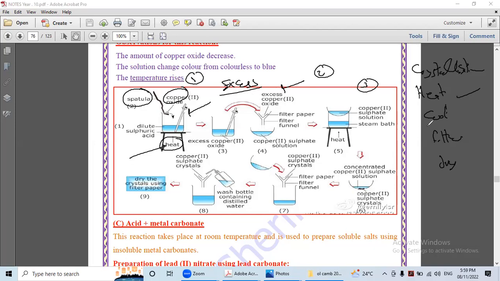Allow to cool, and then filter, and then dry. Drying between two filter papers. Why didn't we dry on a Bunsen burner or oven? Because to prevent losing water of crystallization, or breaking down of the crystals or melting of the crystals. So again, this is the first method.